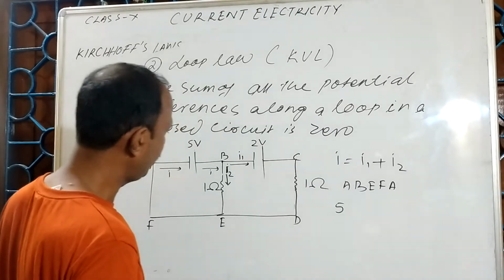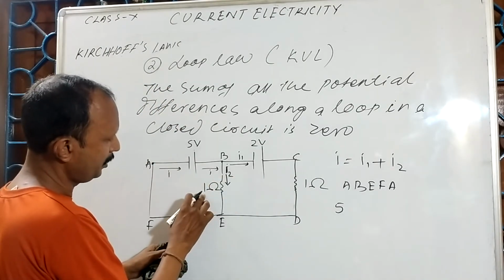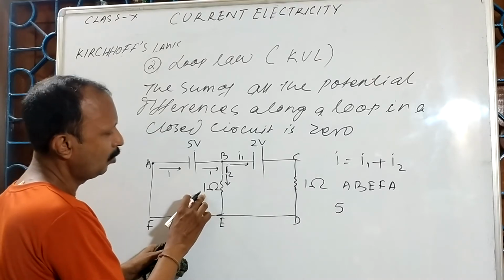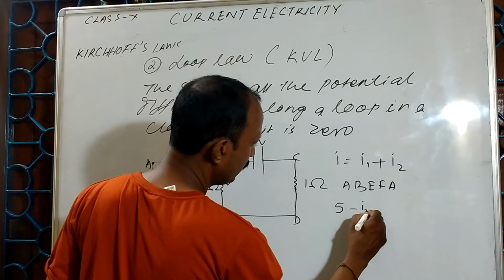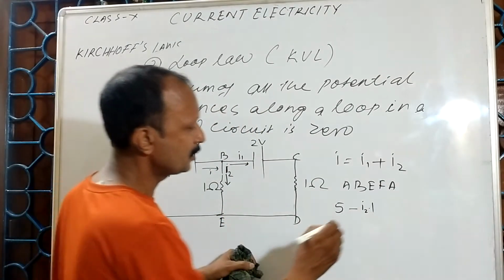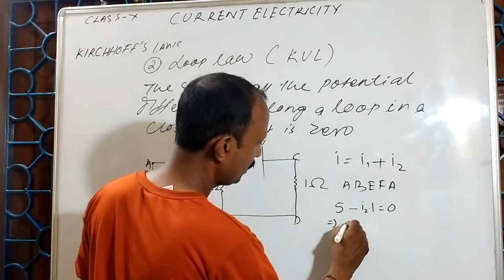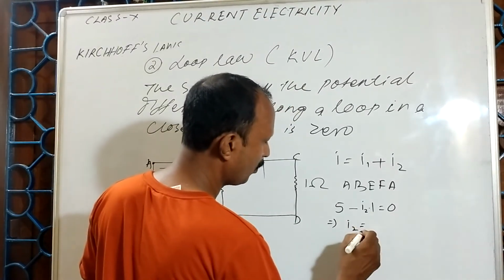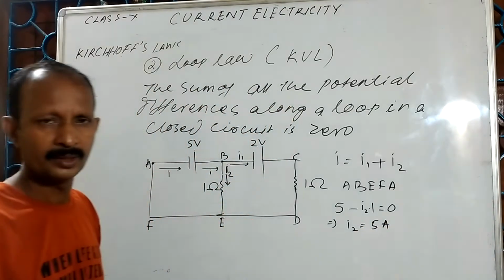So now I shall write current is I2, resistance is 1. That means minus I2 into 1. This is equal to 0, or I can say that the I2 current is equal to 5 ampere.